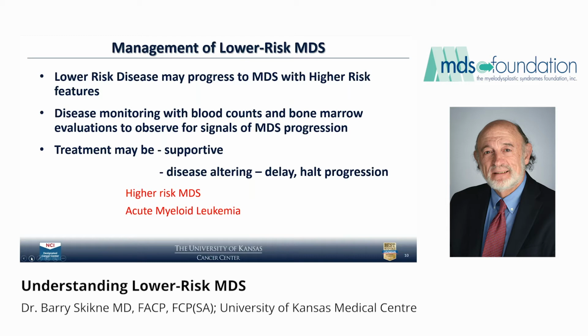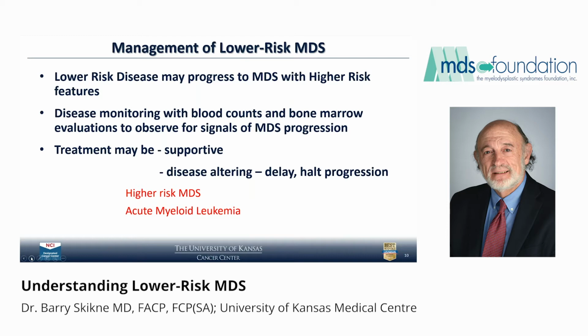So one would get blood counts on a frequent basis, usually monthly. It could be that one needs blood counts more frequently, every 2 weeks, or maybe even weekly, depending on how severe the problem is. Or they may get blood counts every 3 months if it's very low risk disease.